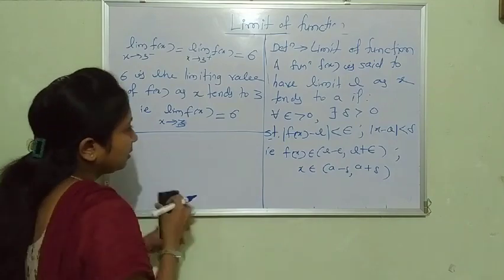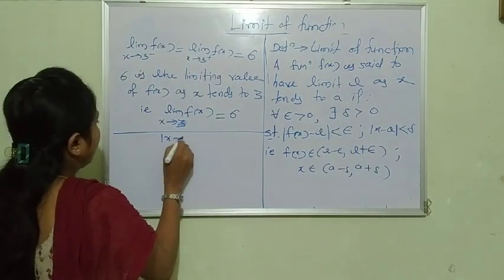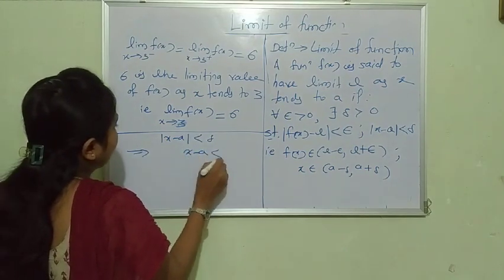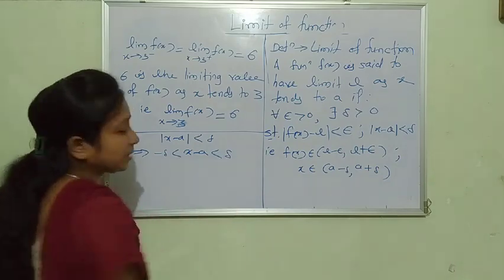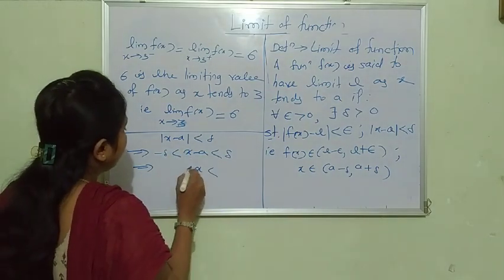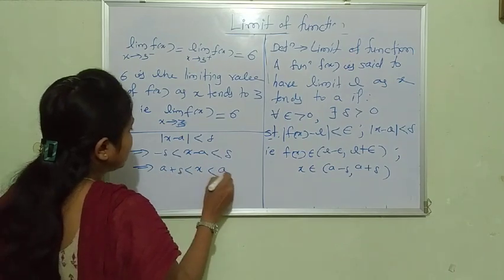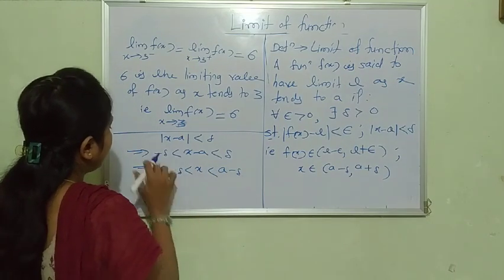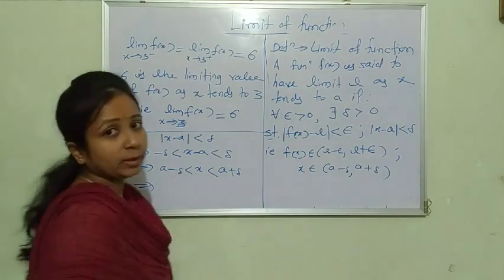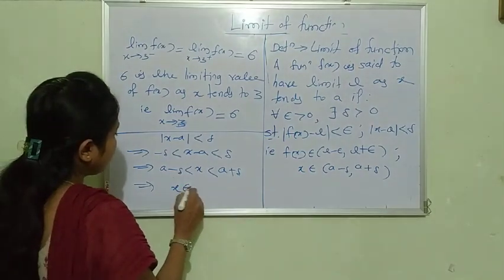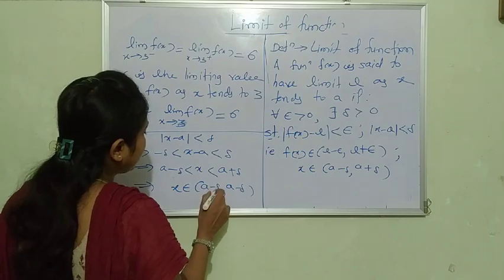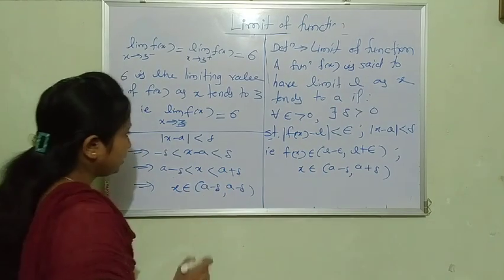That is here, mod of x minus a less than delta, we can write it as x minus a strictly lies between minus delta to plus delta. Adding a to both sides we obtain x strictly lies between a minus delta to a plus delta. Therefore, x lies between a minus delta to a plus delta means x belongs to the delta neighborhood of a.